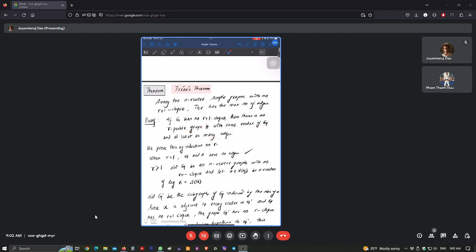Since there is no r plus one clique, the number of colors we are using is r, so each color class can be considered a single partition. So we can consider an r-partite graph, which need not be complete. There can be some missing edges.